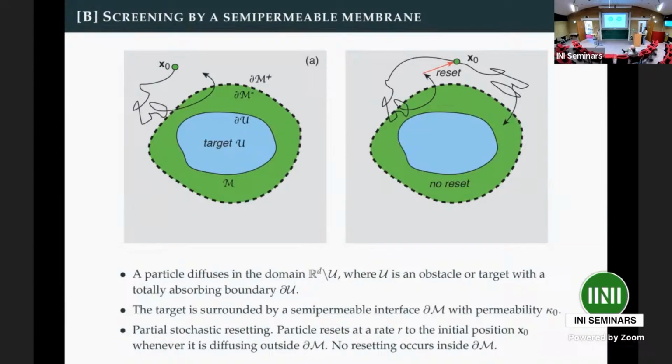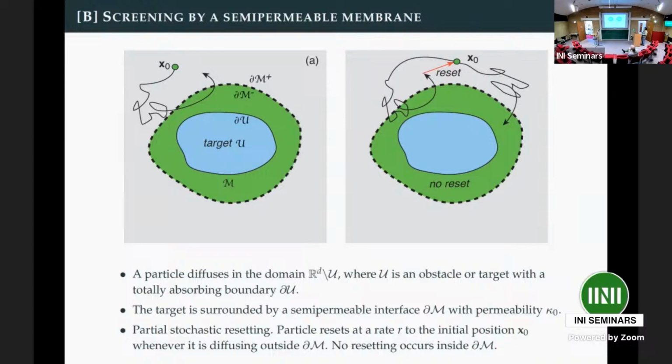And then I started thinking about, well, what happens if you have resetting? It seemed to me a reasonable hypothesis that you only reset if you don't have to travel through the semi-permeable membrane. The semi-permeable membrane is an object that's there. And maybe one of the effects of the semi-permeable membrane, besides what happens to normal diffusion, is it screens from resetting.